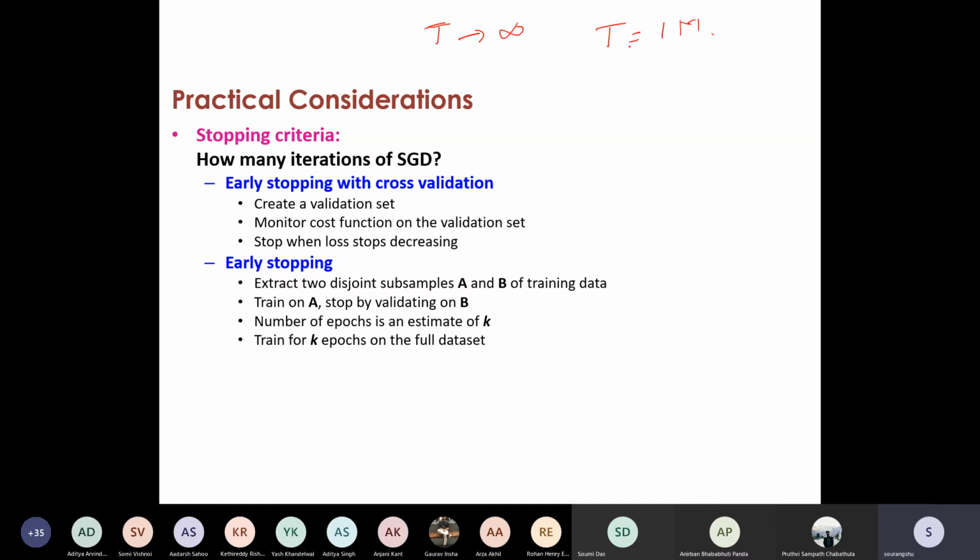But you can also do early stopping. In order to do early stopping, you basically take a validation set, and either at the end of each epoch or after a certain number of updates, say every 1000 updates, you keep monitoring the performance on the validation set.